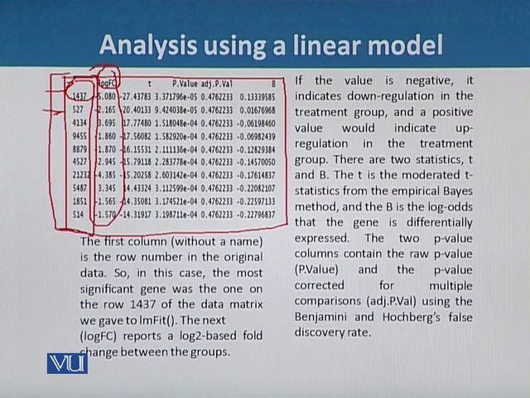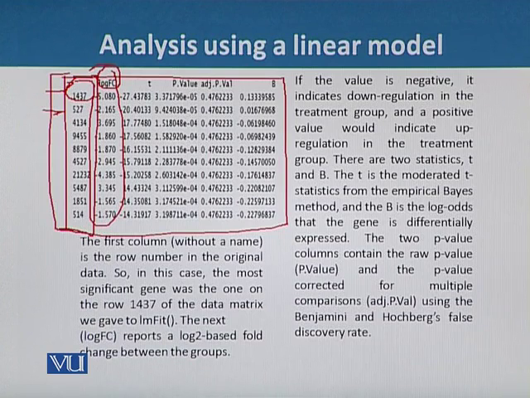It means that the expression of the treated sample is much lower as compared to the control. If the value is positive, it indicates upregulation in the treatment group. So it means that the treated sample has a higher expression level of that gene as compared to control.